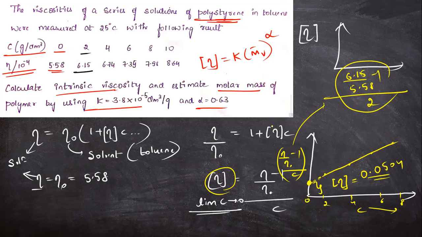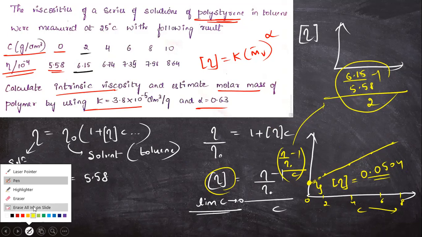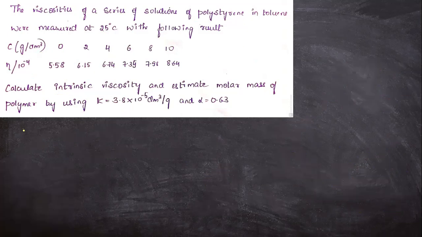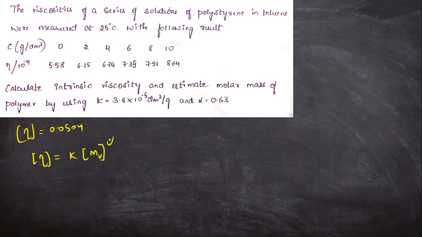Okay. So now we got to know intrinsic viscosity ka value. Now we can easily calculate the viscosity average molecular mass. Okay. Let me erase this. Now we know intrinsic viscosity ka value is 0.0504. So we can calculate. We know the formula, Mark-Houwink formula, that is eta is equal to K M raised to alpha.